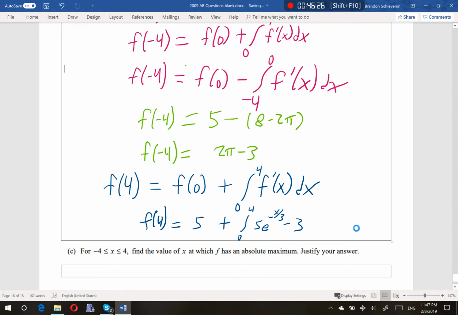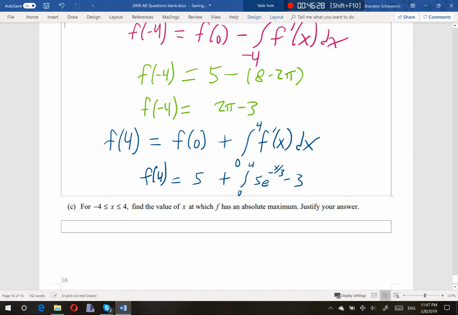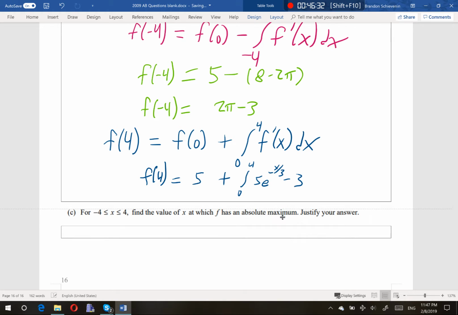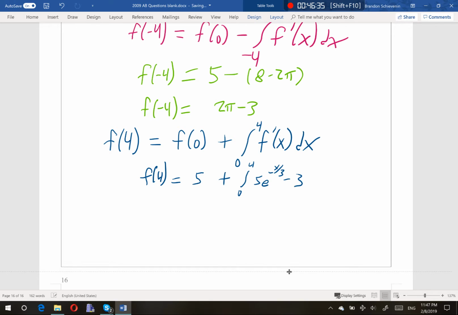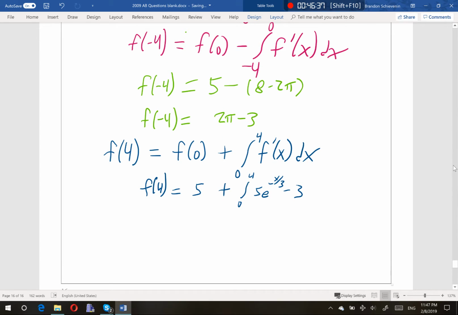Okay, so now I just need to integrate this and we'll be set. So what happens if I integrate 5e to the negative x over 3?